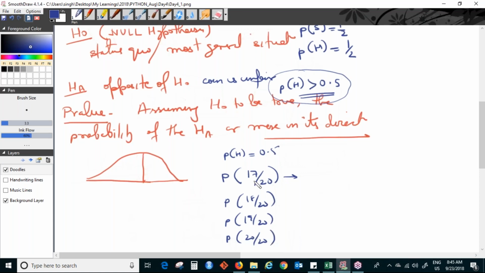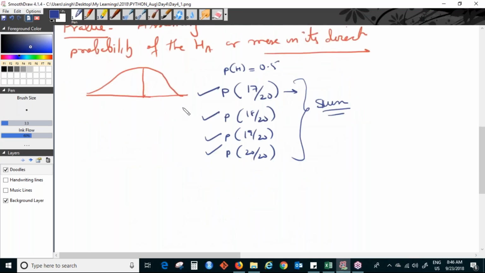All of this comprises the p-value. You will add the probabilities of each one of them, and the sum is the p-value. You can use the binomial formula for each one, and you will get 4 probabilities as output. If you add all those 4, that is what is called the p-value.